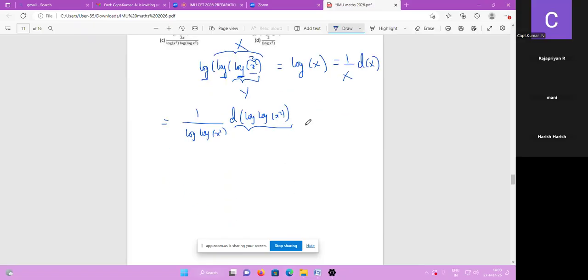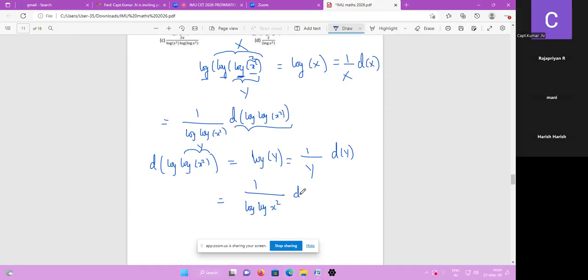What is the derivative of log of x square? I have considered this as my y, so it is the derivative of log of y, which is 1 by y, and the derivative of y. What is y here? Again 1 by log of x square and the derivative of y. What is the derivative of y here?